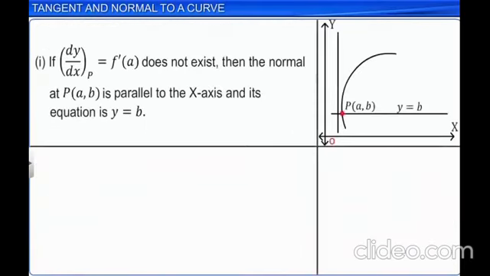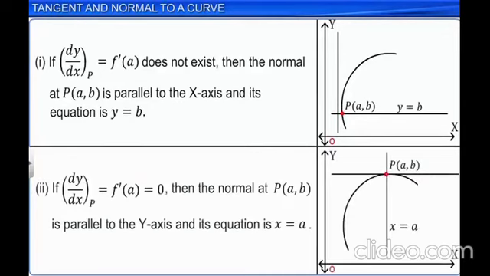If dy/dx at P does not exist, then the normal at the point P(a, b) is parallel to the x-axis and its equation is y = b. If dy/dx at P is equal to 0, then the normal at the point P(a, b) is parallel to the y-axis and its equation is x = a.